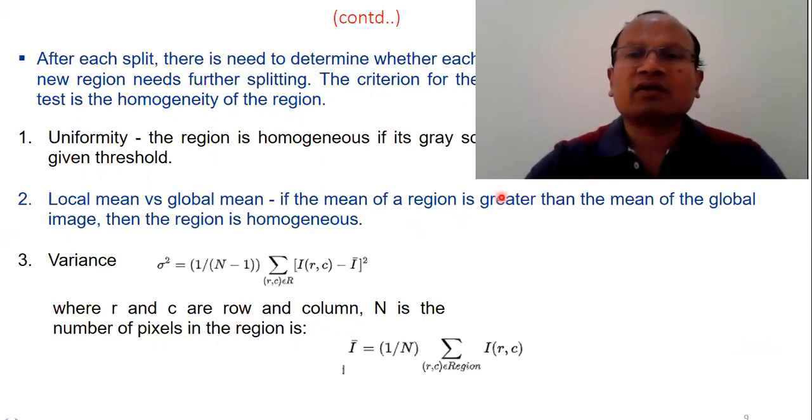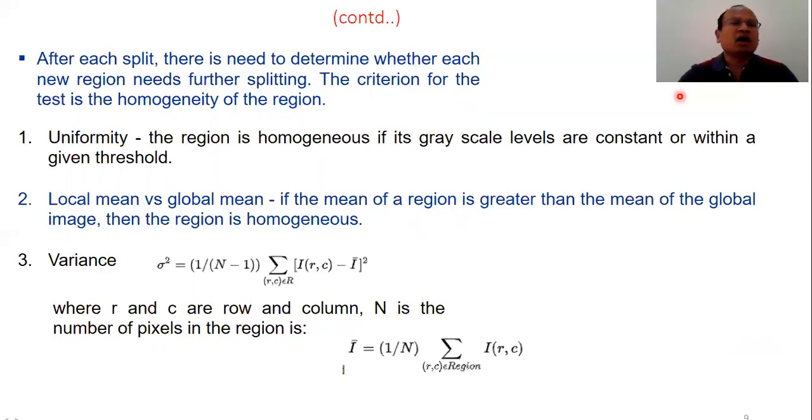Now, after each split, there is a need to determine whether each new region needs further splitting. The criterion is the test of homogeneity of the region. There are 3 things. First, uniformity: the region is homogeneous if its grayscale levels are constant, as we have already discussed, or within a given threshold. Thresholding is also important. It is not necessary that uniformity means the same values.